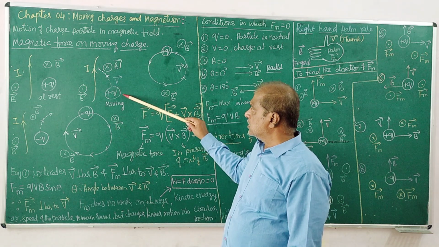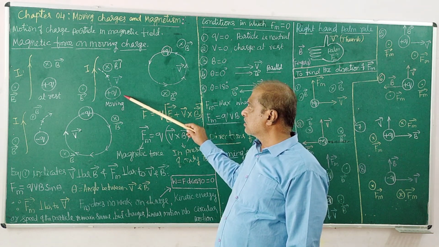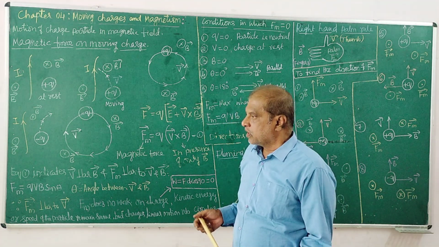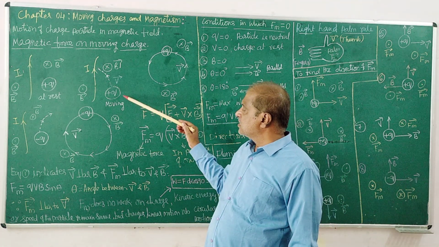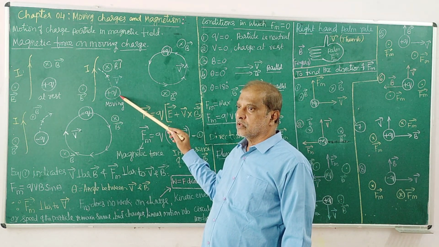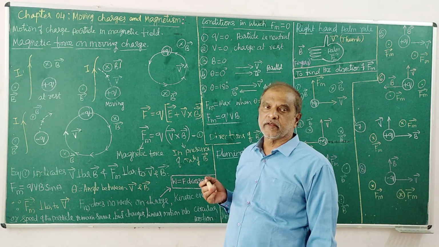If no work is done, the kinetic energy of the particle remains the same. This kinetic energy refers to the speed of the particle. The speed of the particle is directly proportional to kinetic energy.